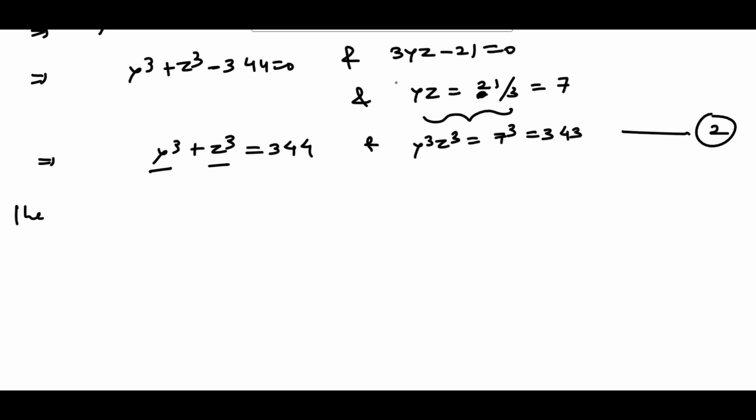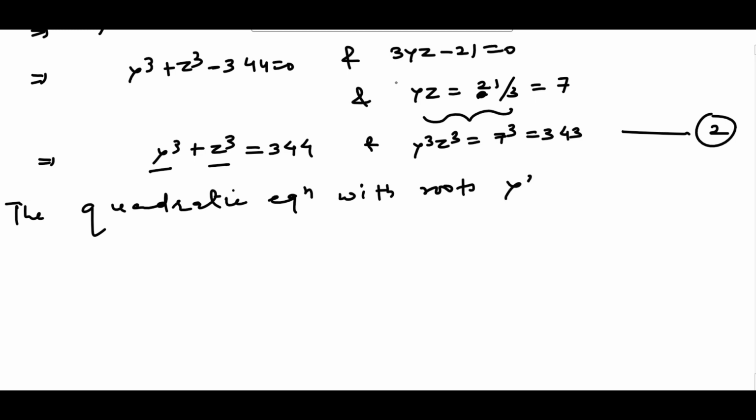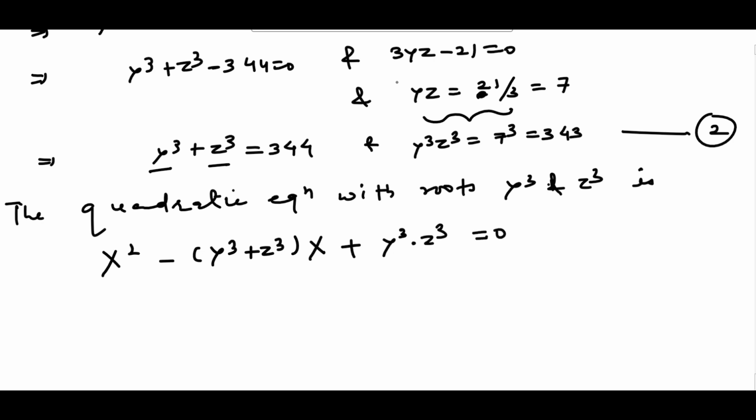So now the quadratic equation with roots y cube and z cube is, that is, capital X square negative y cube plus z cube, the sum of roots, multiplied by X, plus the product of roots, is equal to 0.